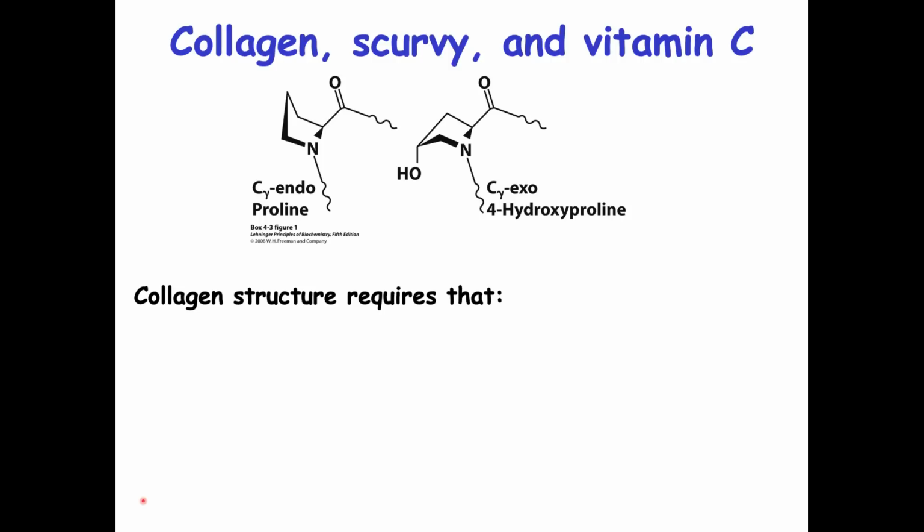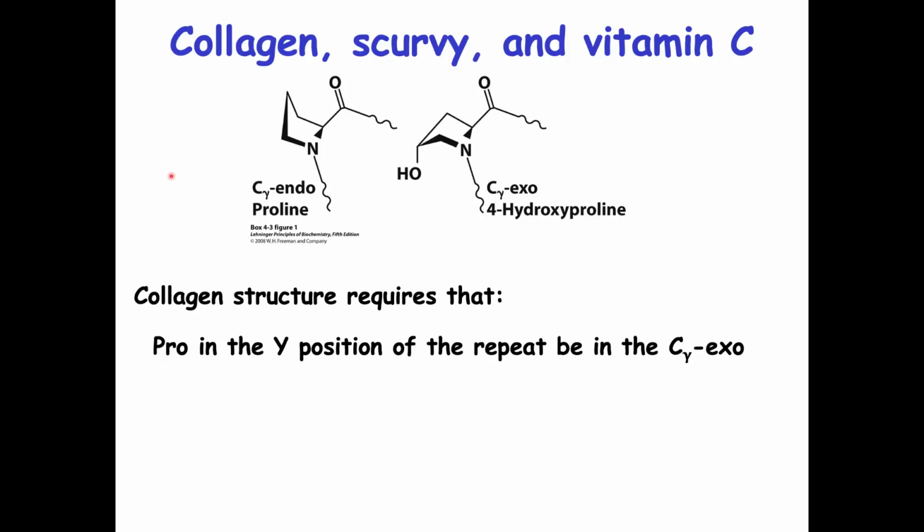So proline can be found in two conformations, the endo and the exo conformation. Collagen structure requires that the proline at the Y position be in the exo conformation shown here, and this hydroxylation at the C4 position stabilizes this structure.